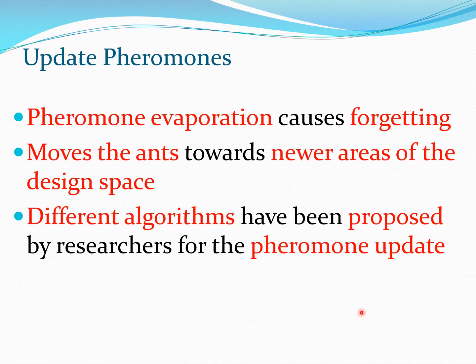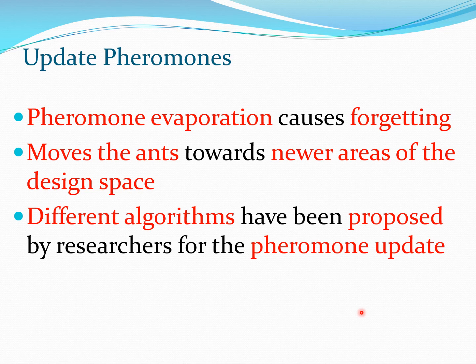So when pheromones start vanishing from the path, essentially that is similar to forgetting. And what this helps to do is that it moves the ants toward newer areas of the design space. So essentially what it means is that the ants have traversed this particular path and it has not worked out very well. Maybe it's a long path, and therefore the pheromone has started vanishing.